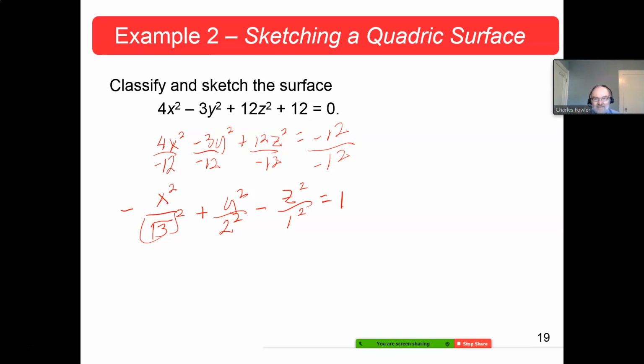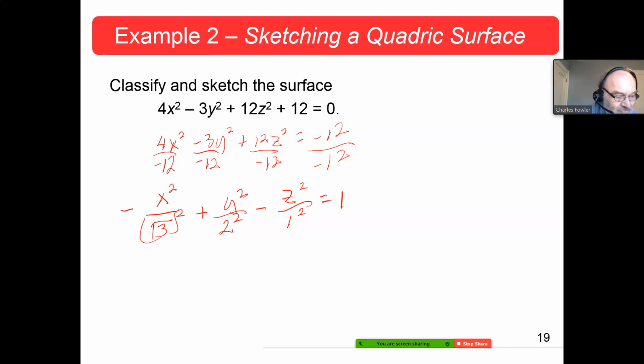Now the question then is, is this a hyperboloid of 1 sheet or 2 sheets? Now, this probably isn't the best way to think of it, but it's how I think of it. If you'll turn back a page, you'll see that the hyperboloid of 1 sheet has 1 negative sign.